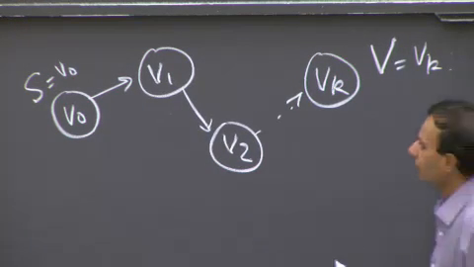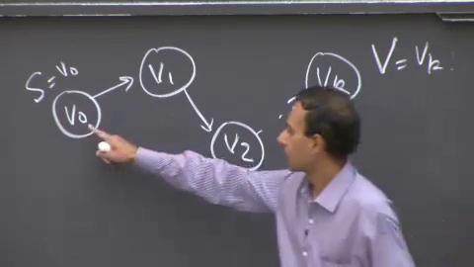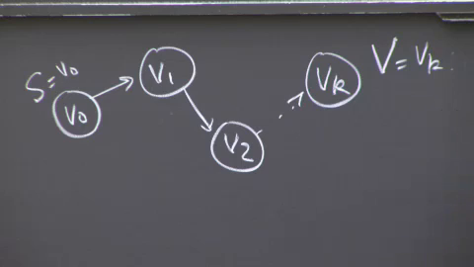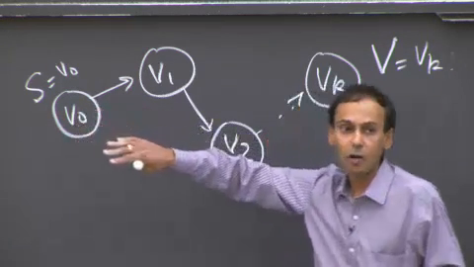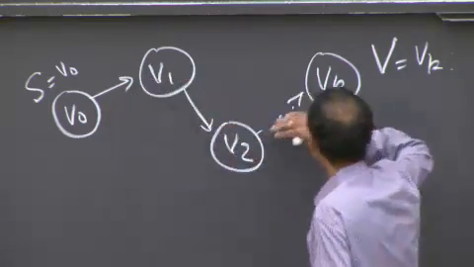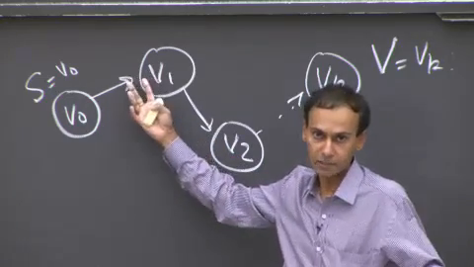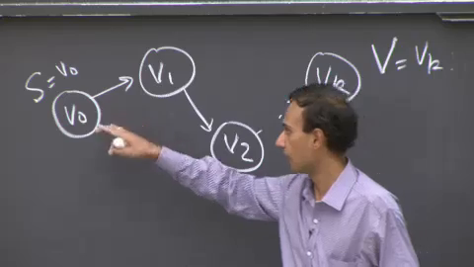At some point in the first pass, I'm going to relax this edge V0, V1. And at that point, thanks to the optimum substructure property, given that this is the shortest path, this has to be a shortest path as well. Any subset of the shortest path has to be a shortest path.